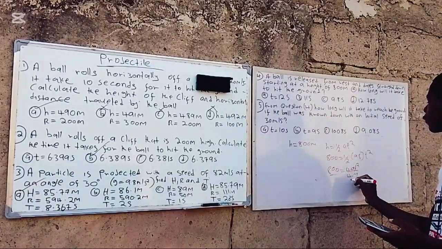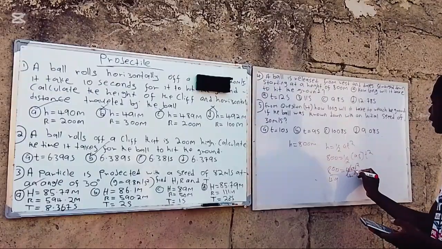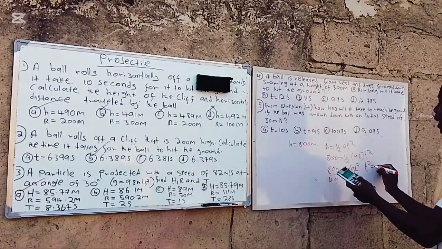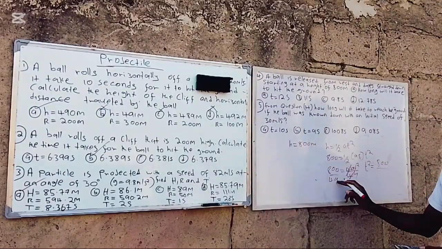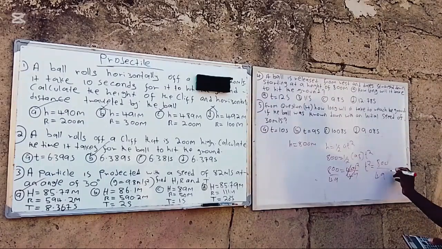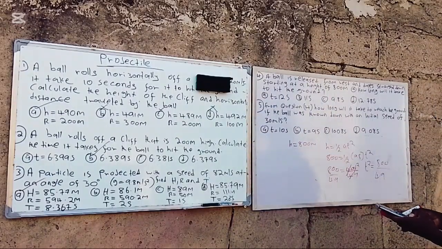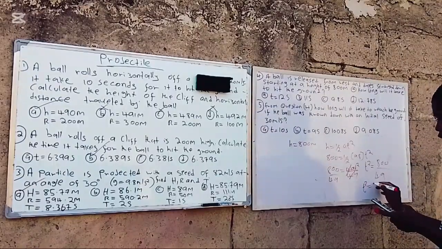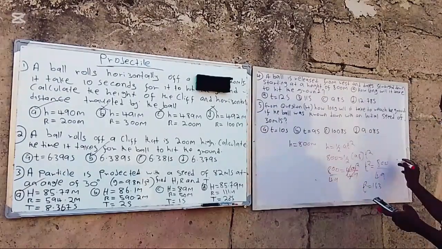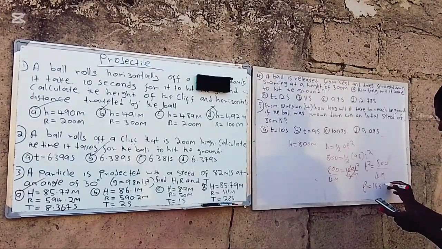Divide both sides by 4.9. This will cancel this. So therefore t squared is equal to 800 divided by 4.9. So I say 800 divided by 4.9, I'll get t squared equals 163.265.